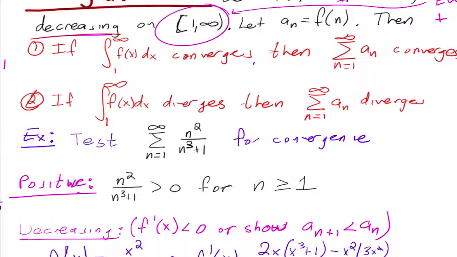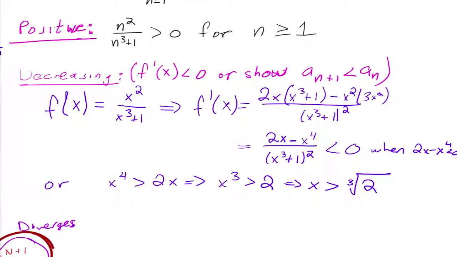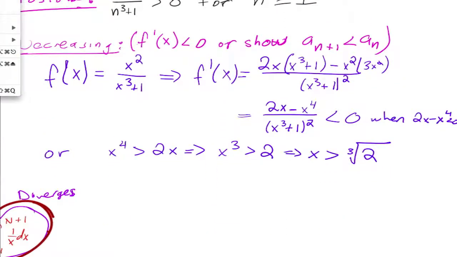Okay, so we continue. We continue off in our quest. What's our next thing to show? We showed that it was positive. We showed that it was decreasing. What else do we need to show?